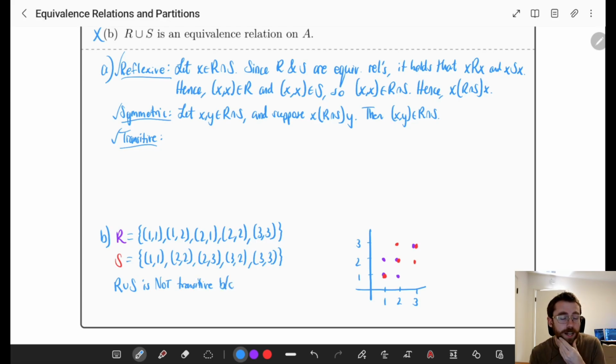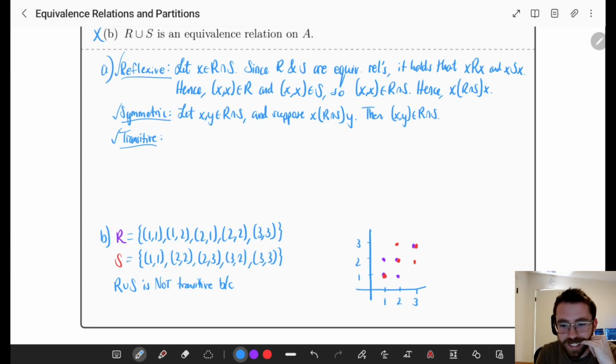Why? Well, I need to pick two pairs of points for which transitivity fails. And I can pick, let's see, I could say that 2 is related to 3, and then 3 is related, maybe that's a bad one. 2 is related to 1. Now I'm thinking I messed up. I'm thinking this is transitive.